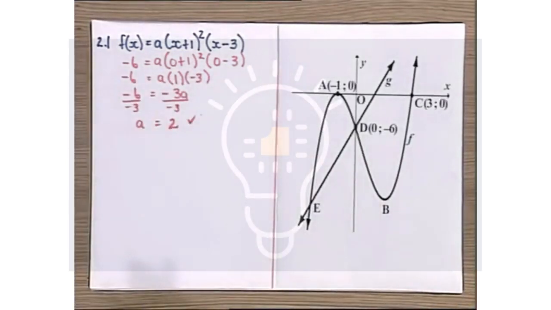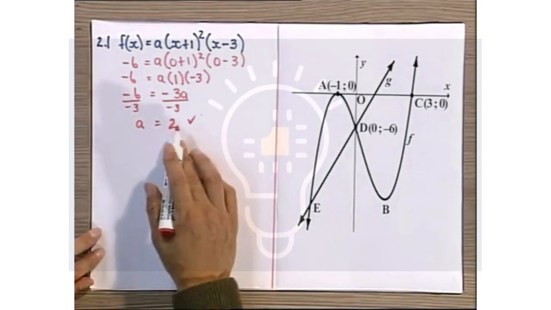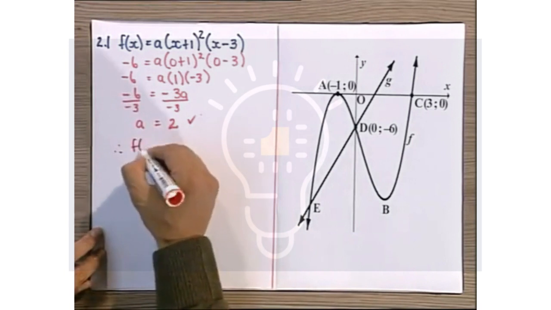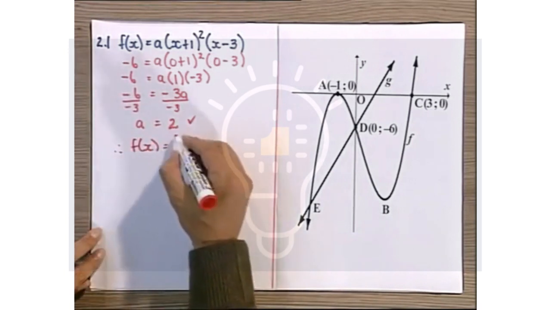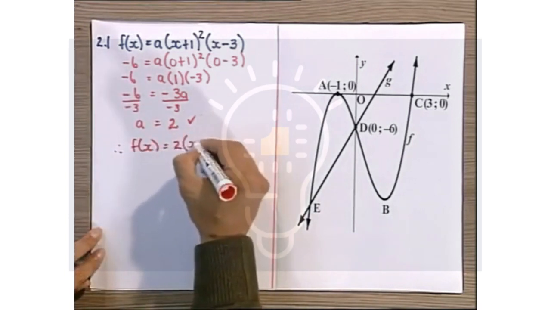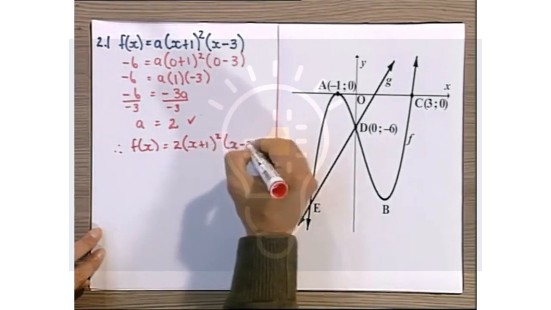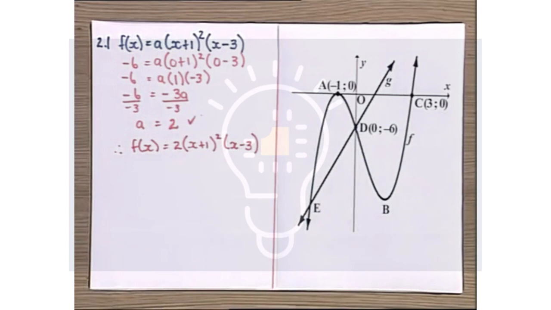Now to get my other values, all that we have to do is remove the brackets. a is 2. So we have (x plus 1) squared times (x minus 3). Just a bit of algebraic skills here. That means just remove the brackets.